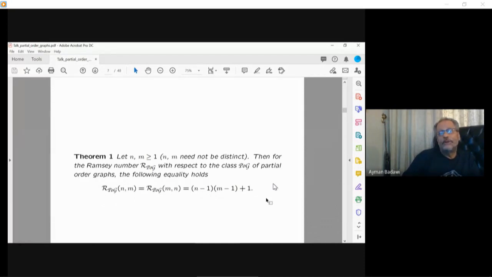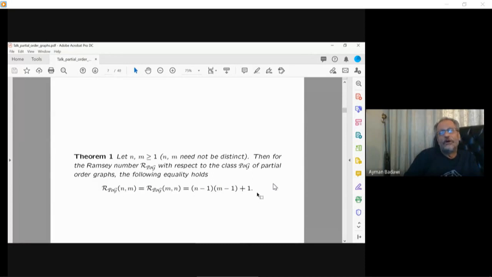That means the minimum number of vertices I need for a partial order graph in order to have a complete subgraph with n vertices or an independent set with m vertices is 21 vertices.